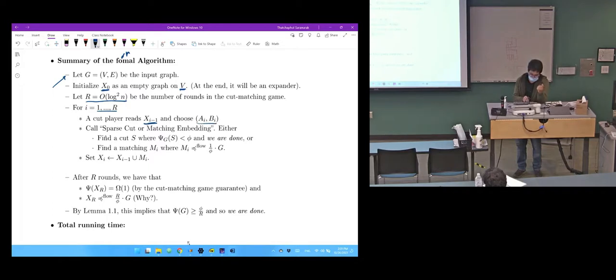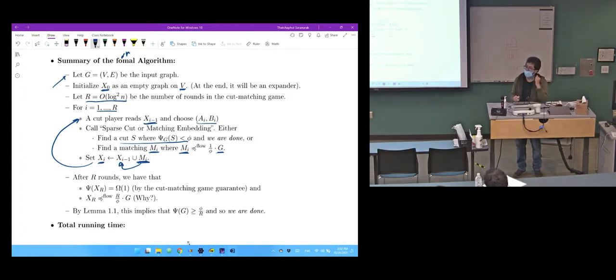What you do next is call sparse cut or embed matching. If you find a sparse cut, you are done. Otherwise, you find the matching between A and B. This matching is embeddable into G, right? You just union this matching into your graph X, and you get a new X. And then you repeat: the cut player looks at the new X, chooses a cut, and so on.